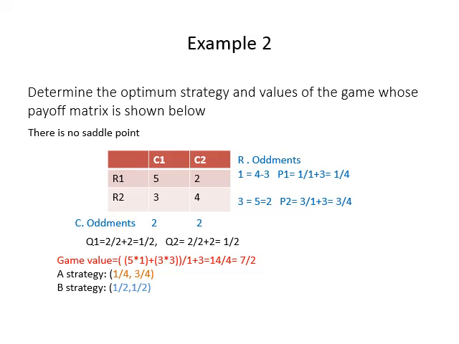Now the game value equals 5 times 1 plus 3 times 3 over 1 plus 3, equal 14 over 4 or 7 over 2. This is the game value.